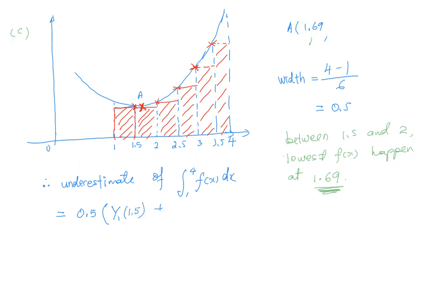The second lower rectangle is y of 1.69. The third lower rectangle is y of 2, and so on.